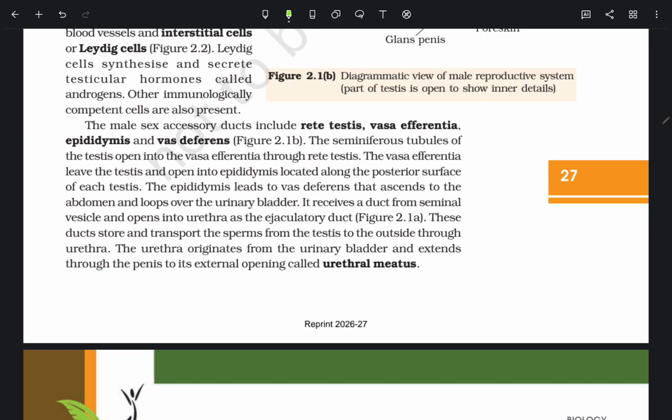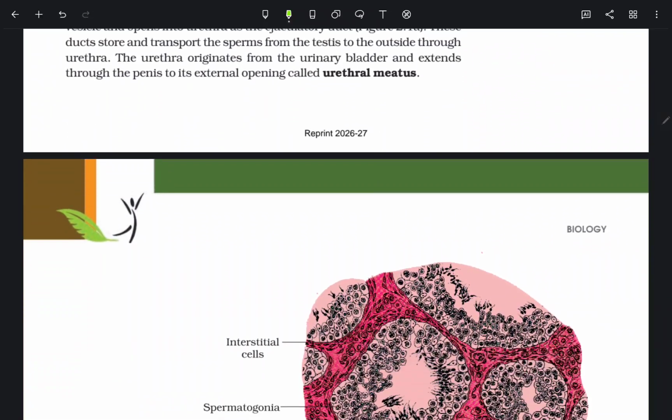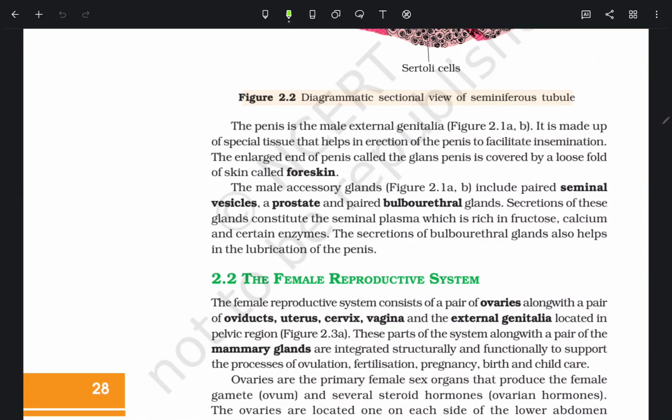The urethra originates from the urinary bladder and extends through the penis to its external opening called urethral meatus. The penis is the male external genitalia. It is made up of special tissue that helps in erection of the penis to facilitate insemination. The enlarged end of the penis, called the glans penis, is covered by a loose fold of skin called foreskin.